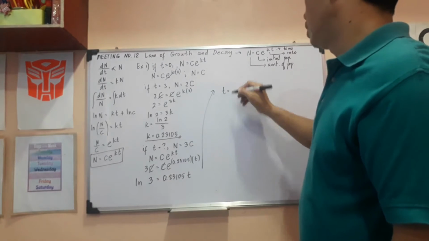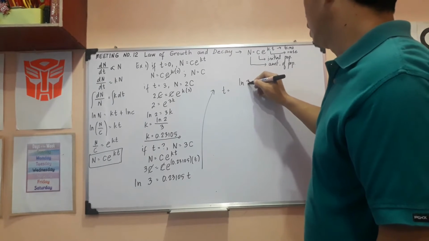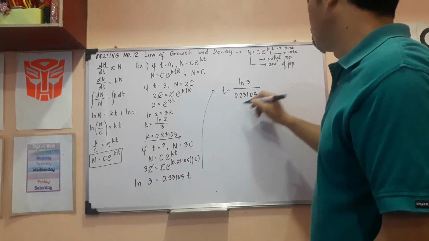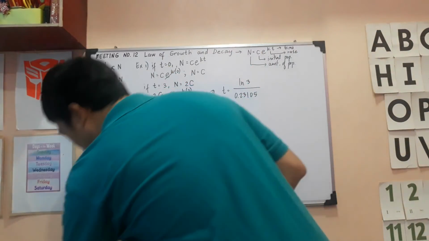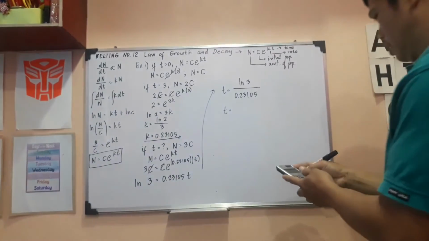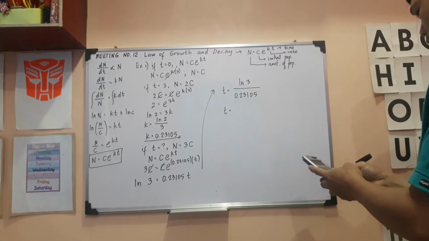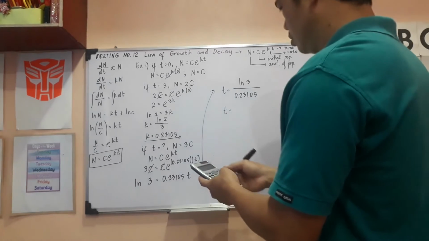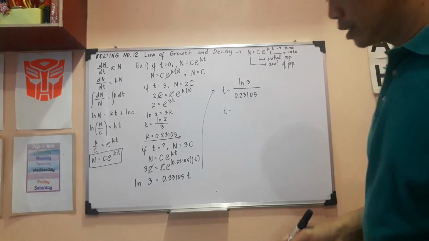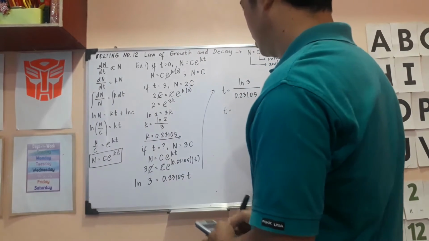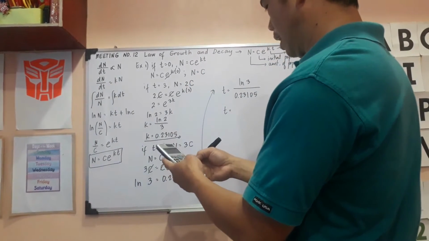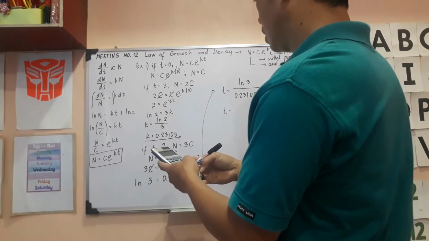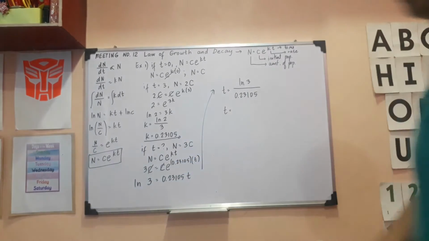So, therefore, T is equal to ln 3 all over 0.23105. Let me pause for a moment, guys.